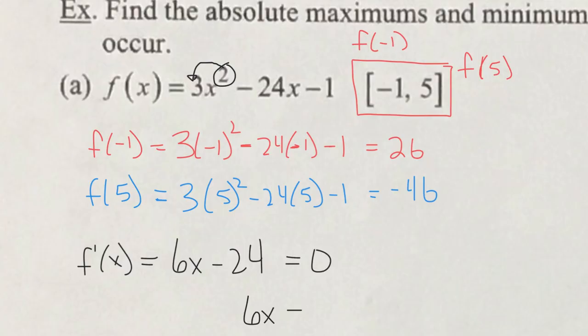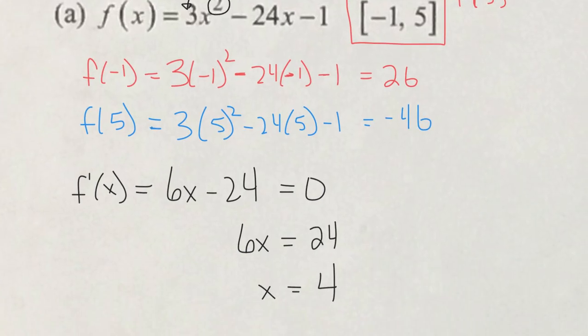So we solve this for x, and we get x equals 4. So our other critical number, besides our endpoints, is x equals 4, because that's where our first derivative is 0, and where our function will have a horizontal tangent line. So now we have to evaluate f at 4.